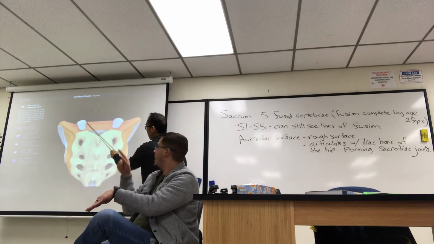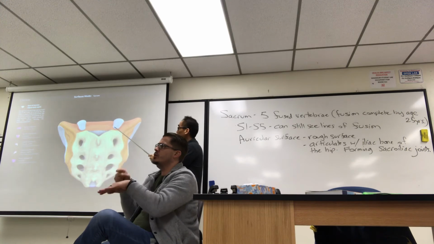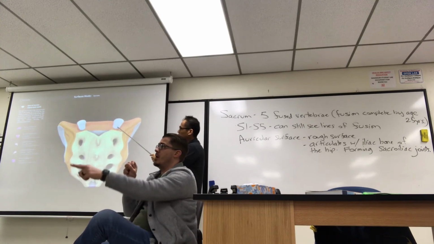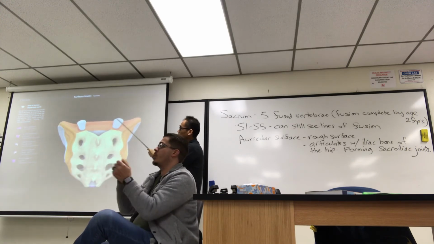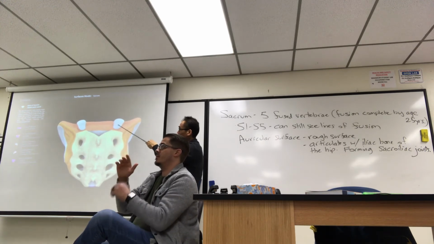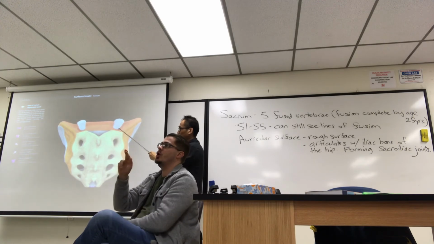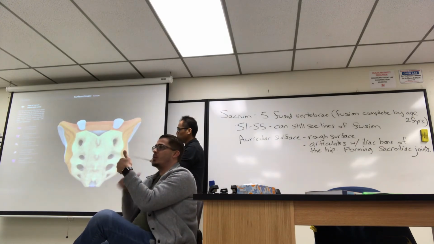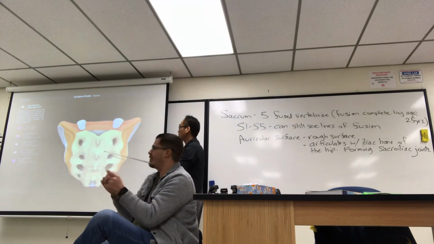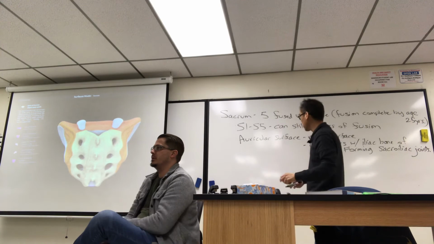Which vertebra is this on top? This is the top of S1. So what does it articulate with? It will articulate with L5 on top of that. So it goes L5, S1. You have superior articular processes, but you don't have inferior ones because they're all fused together. So that's what I want you to see: superior articular processes.